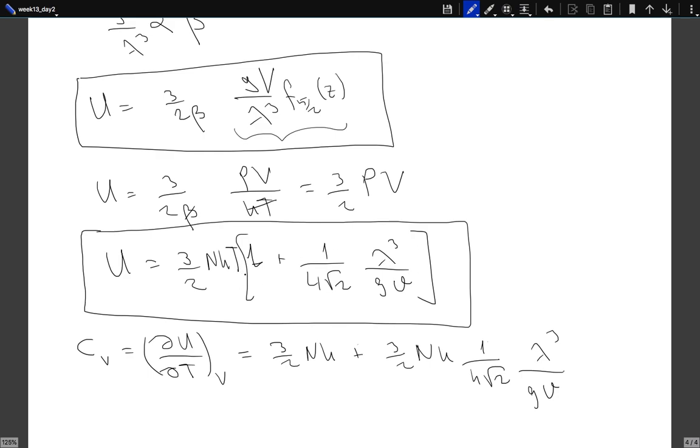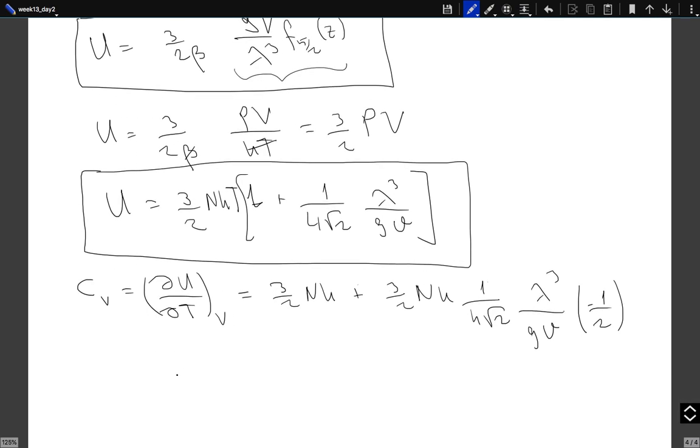If I multiply it with T, it is T to the power minus 1/2. When I'm taking the derivative, there is a minus 1/2 over here. So CV is 3 over 2 nk times 1 minus 1 over 8 square root of 2 lambda cubed over g times V.